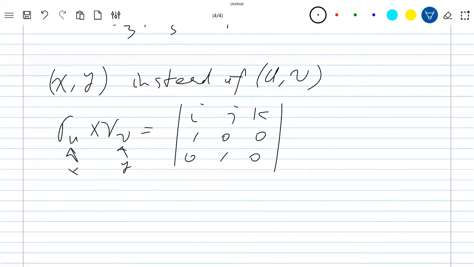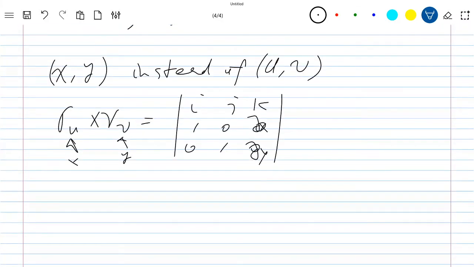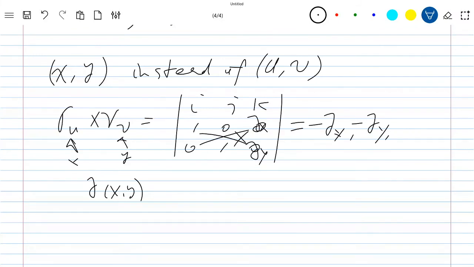Oh, sorry, my bad. This is not 0. This is zx, this is zy, because z is not a constant. z is a function of x and y. So then you have zy, sorry, that's negative zx, then negative zy, and then a 1.